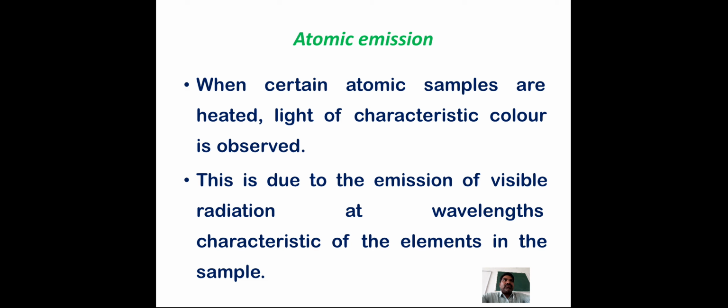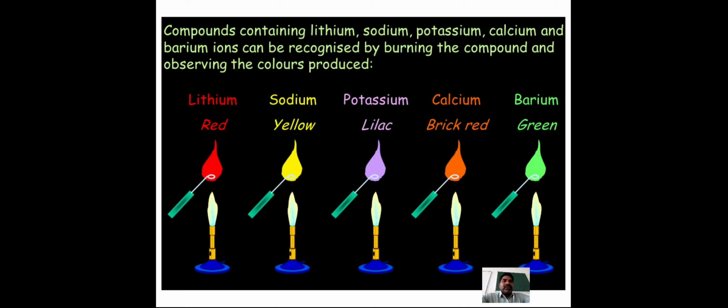So when certain atoms are burnt, usually the color of the flame is used to identify them. It's due to atomic emission of energy in the form of visible light. Compounds containing lithium, sodium, potassium, calcium, and barium ions can be recognized by their characteristic colors emitted after receiving thermal energy.